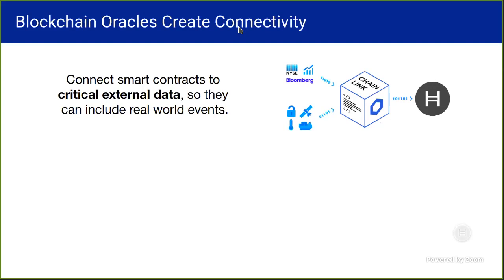So one of the key problems that we're focused on solving with Chainlink is getting data to smart contracts. There are thousands of APIs out there that are already providing data that people need for their applications. We make it easy to enable connectivity between those APIs and smart contracts, even if they require authentication. So now you can have decentralized applications powered by the same reliable APIs that current web applications use today.